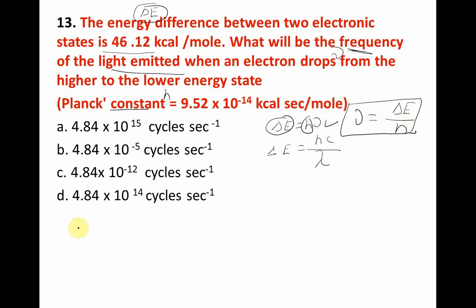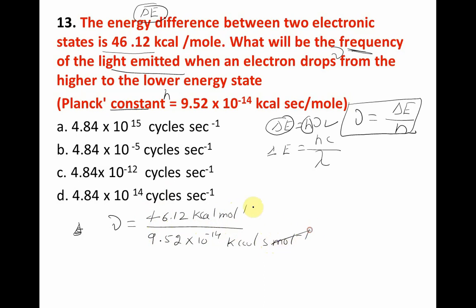So nu is equal to, what is delta E? 46.12 kilocalorie per mole divided by 9.52 into 10 to the power of minus 14 kilocalorie second per mole.